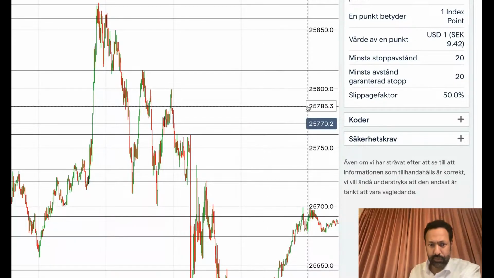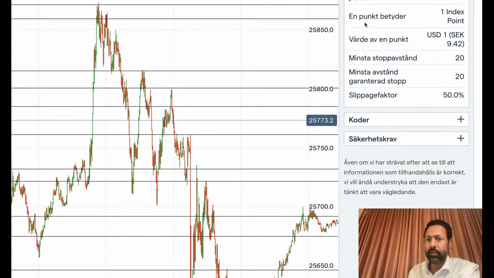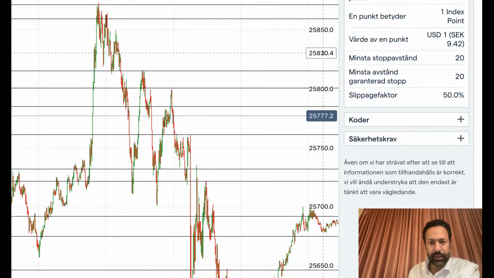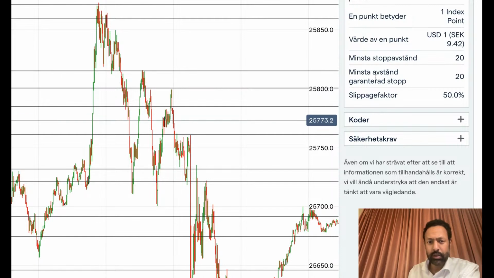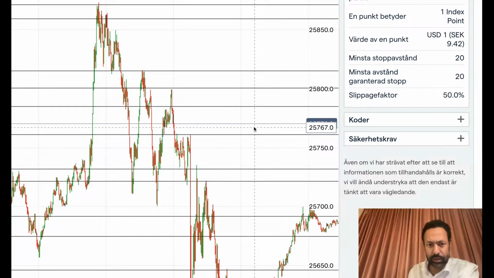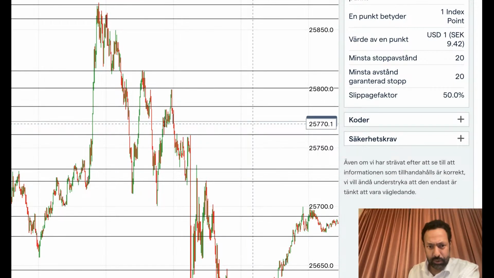Here, this moving line. So I'm probably back where I entered, so I would move the stop forward and accept being stopped out. Here, short again. Here, seems like it's pushing down again.